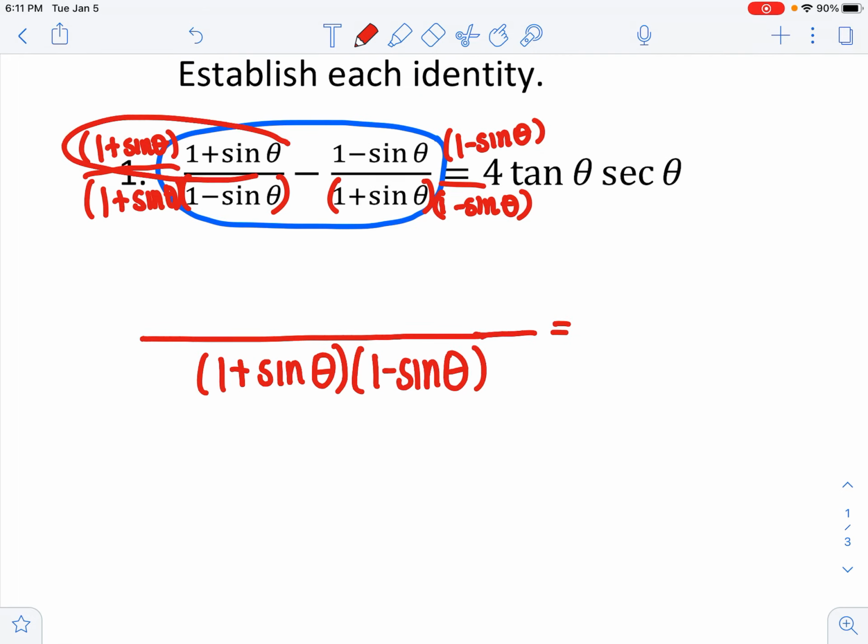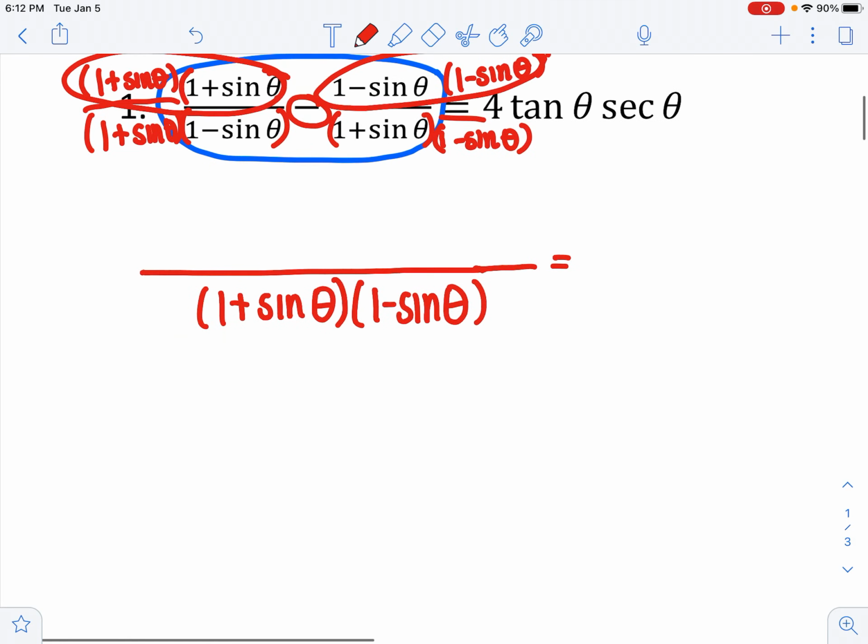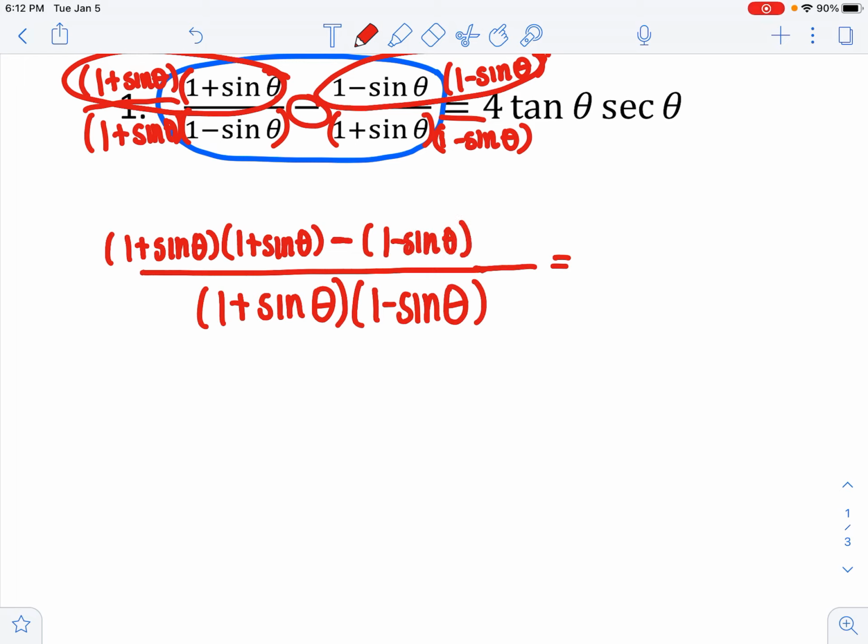In my numerator, I have this times this minus this times this. So I'm just going to write it all out just so people don't say, like, where did you get that from? So I have 1 plus sine of theta times 1 plus sine of theta minus, and then 1 minus sine of theta times 1 minus sine of theta.